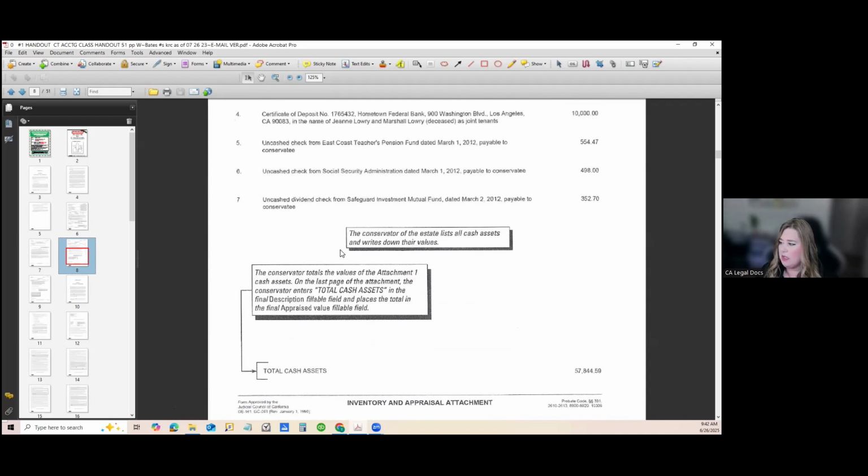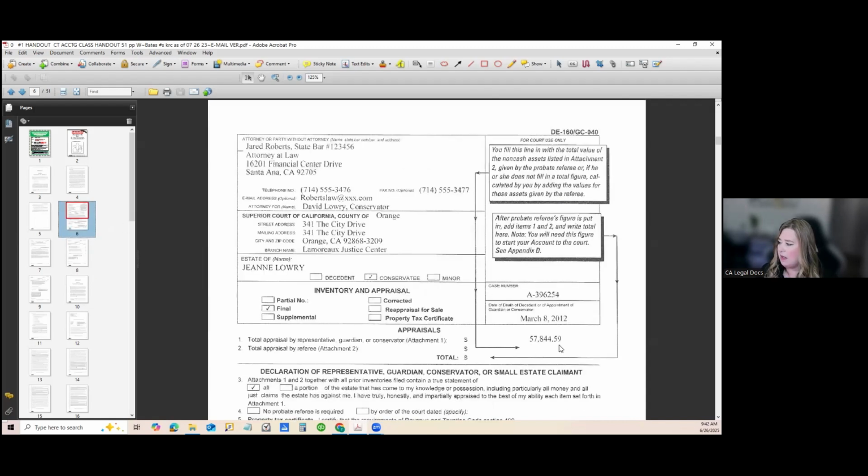And then I will put the total in here. I do not put my total in this column. I will put it in the middle so that it doesn't get confused and accidentally added with all of these. Then I take this total and I go back to here and I list it under attachment 1.